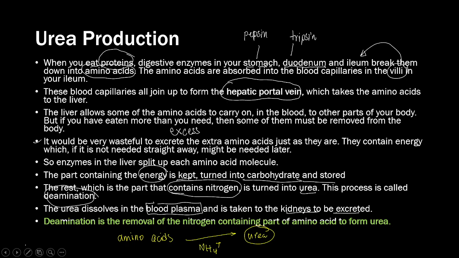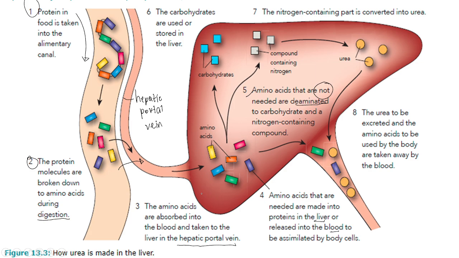We looked at what deamination is, removal of the nitrogen containing part of the amino acid to form carbohydrate, and a nitrogen containing compound is formed. Then the carbohydrates are used or stored in the liver, the good ones that do not have nitrogen. The ones that contain the nitrogen are converted into urea. This urea is then dissolved in the blood plasma and taken to where? The kidney, right? We talked about this, didn't we?